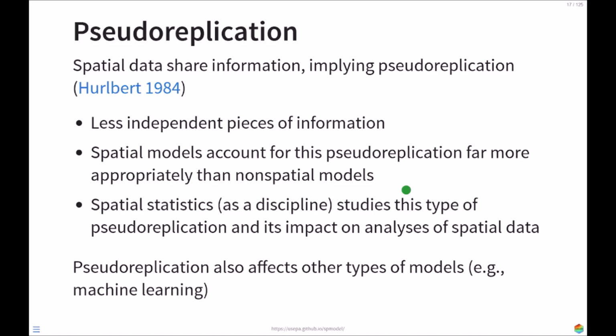And spatial statistics as a discipline relies on studying this type of pseudo-replication and how it impacts analyses of spatial data. So we're focusing on linear and generalized linear models today and how pseudo-replication affects those, but pseudo-replication affects everything. It affects all types of other models, like machine learning models. It affects visualizations of data, summary statistics. It kind of has its hands everywhere, so it's important to learn about.